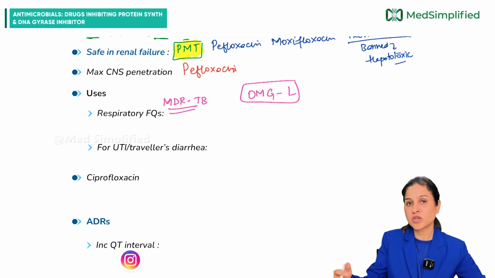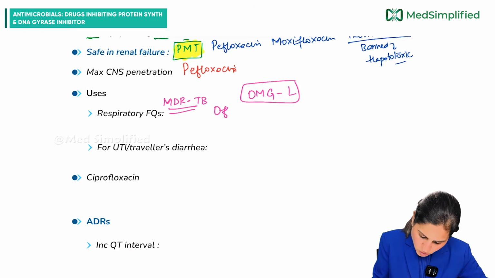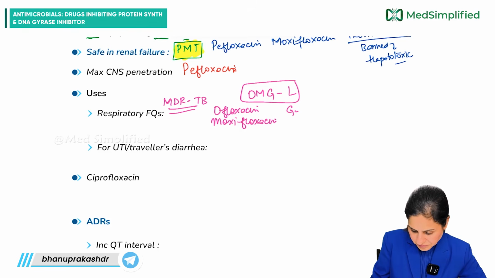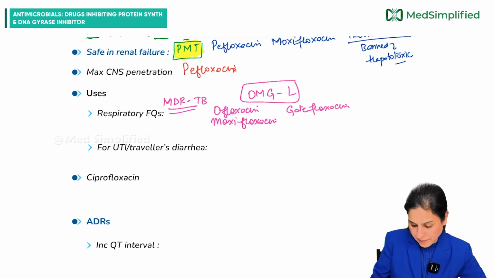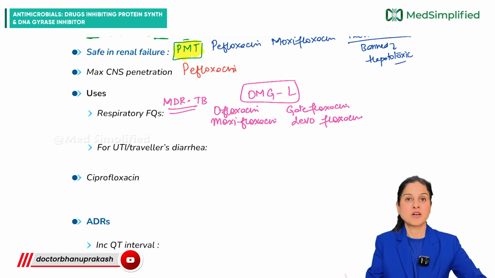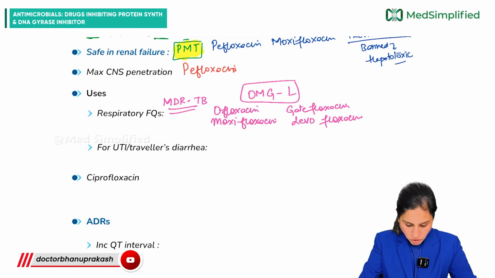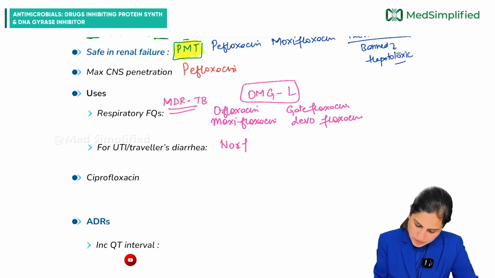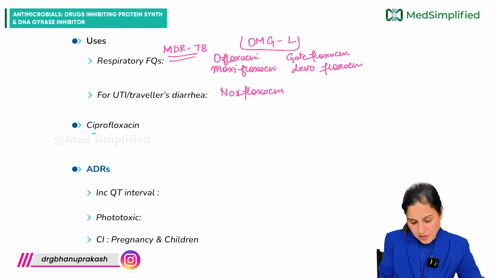So we have ofloxacin, moxifloxacin, gatifloxacin, and levofloxacin. Then a good fluoroquinolone for UTI or traveler's diarrhea, we have norfloxacin.